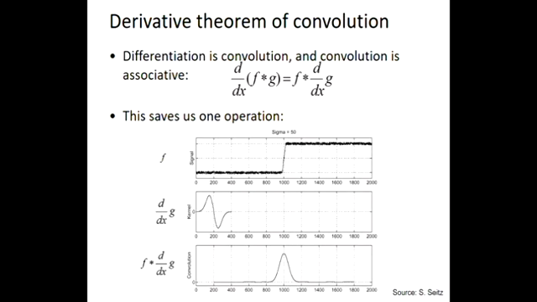So we don't have to run a smoothing filter and then a differencing filter. Instead of running two filters, we can run this one difference of Gaussian filter, and it will give the same response as if we had smoothed and then run the differencing filter.